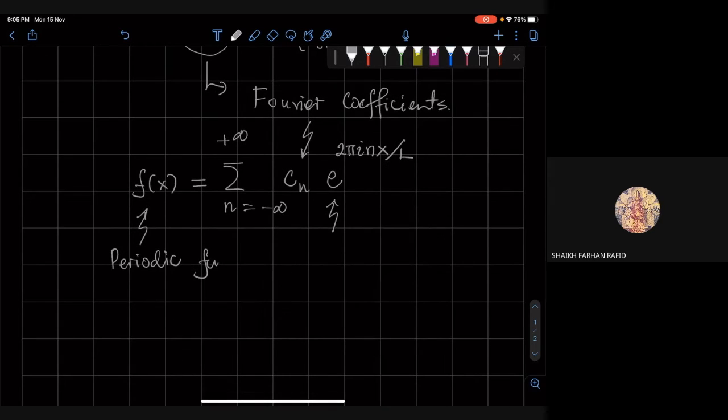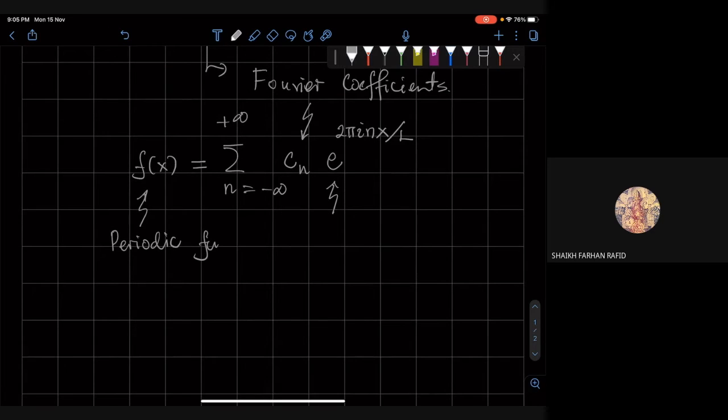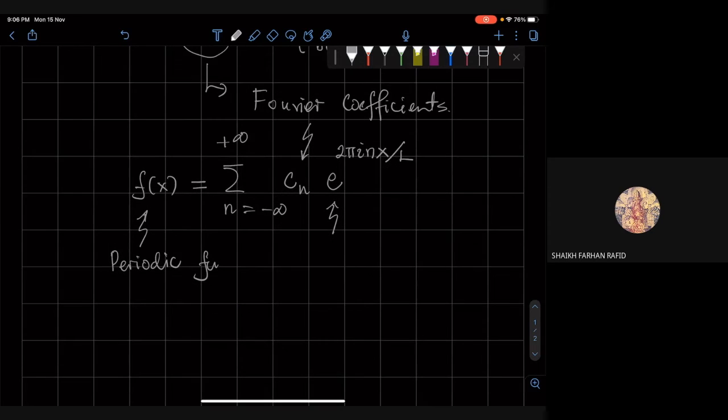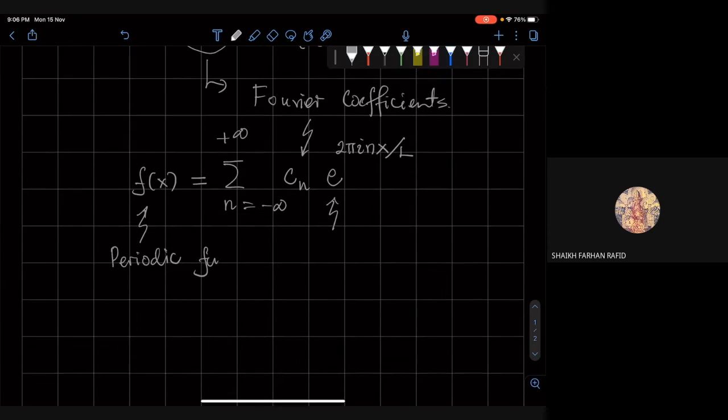Okay, and in the series, you wrote a0 divided by 2 separately from the summation sign. Is that something special? The a0 is basically the constant part, right? Because when n is 0, the basis function is 1.